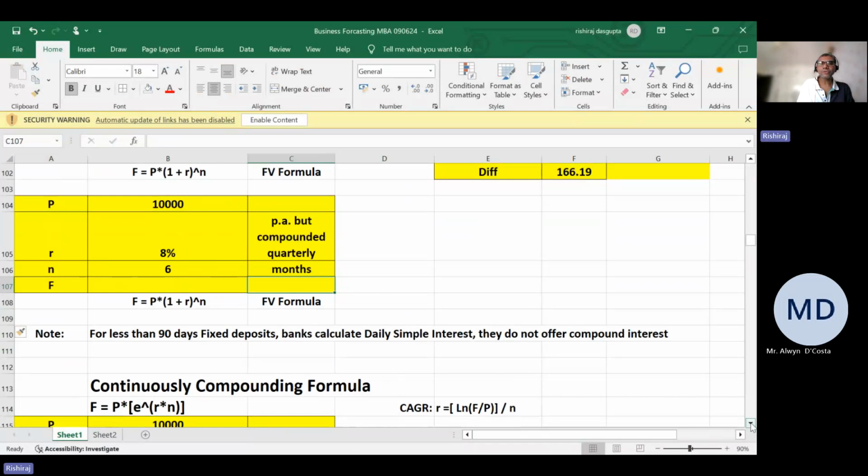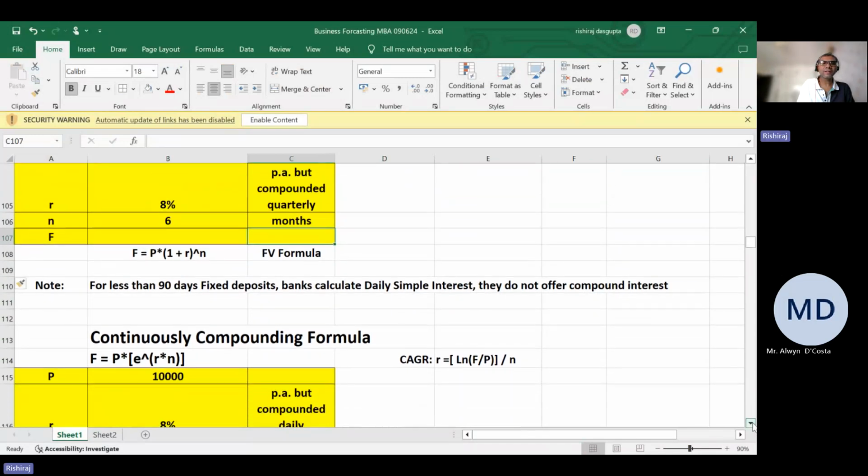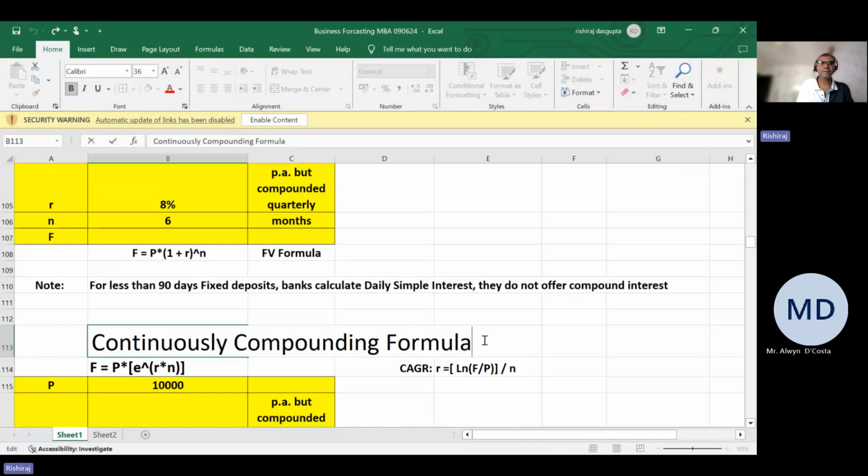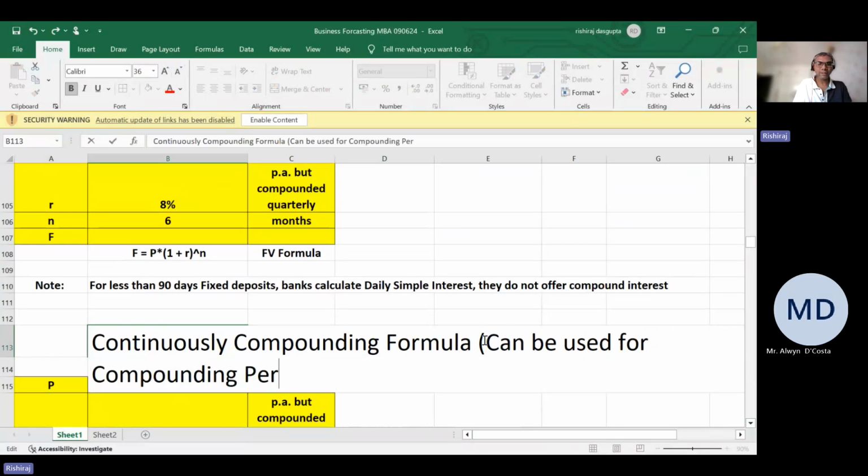So let's move on to the continuously compounding formula. This is used for any period, even for a second, for a nanosecond, if something is compounding period. So this can be used for a compounding period less than 90 days.